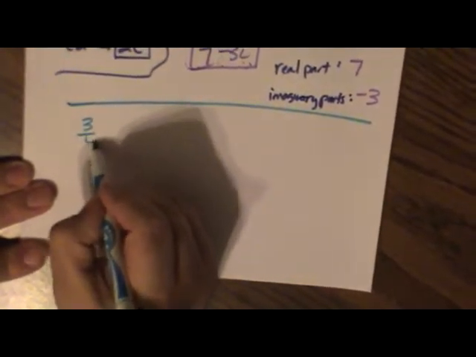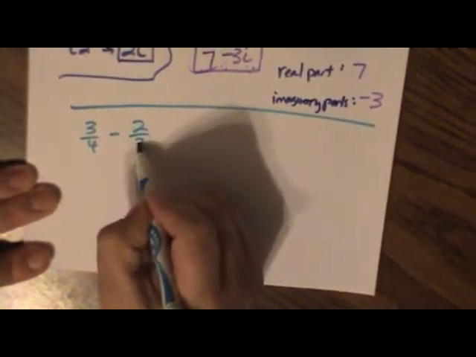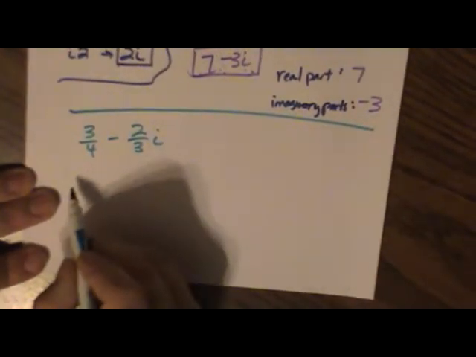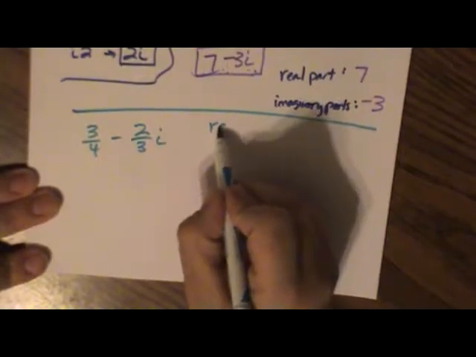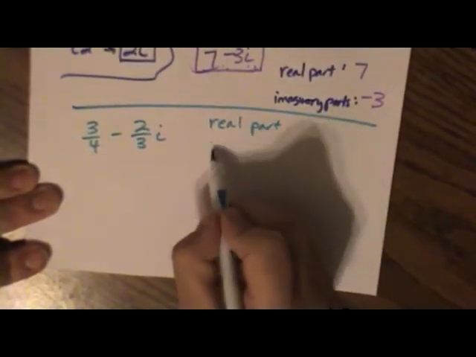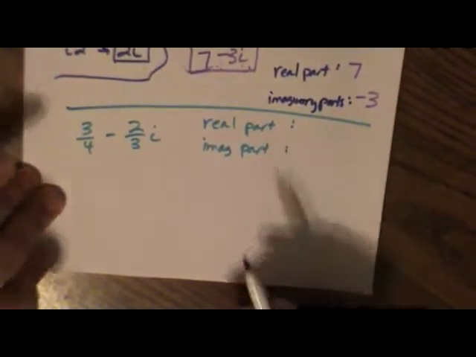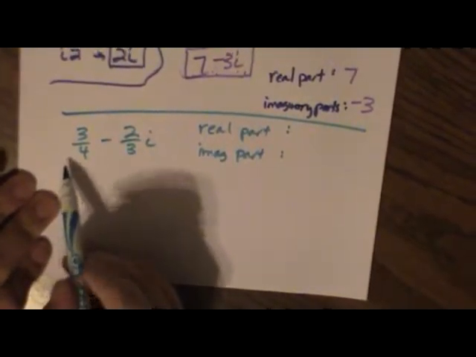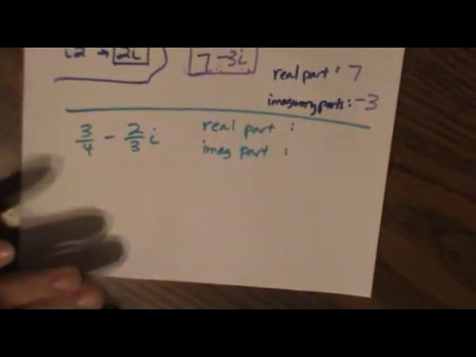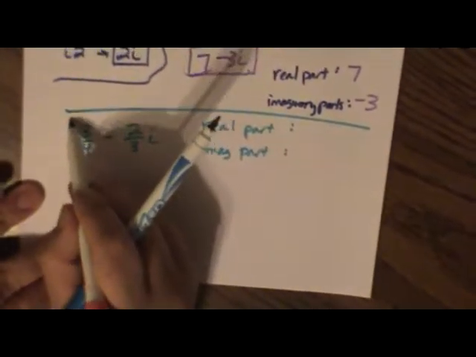Now we're given this equation, or I say equation, but it's not. It doesn't have an equal sign in it. And it wants us to label the real part and the imaginary part. The real part is the part that doesn't have the i.